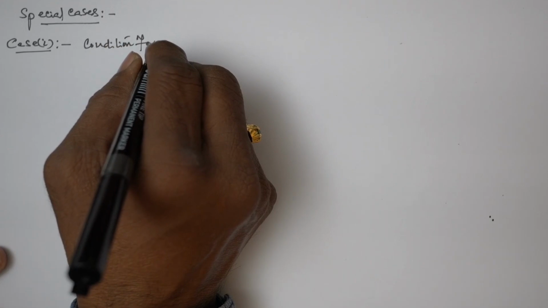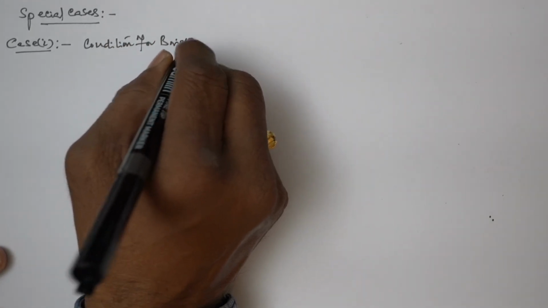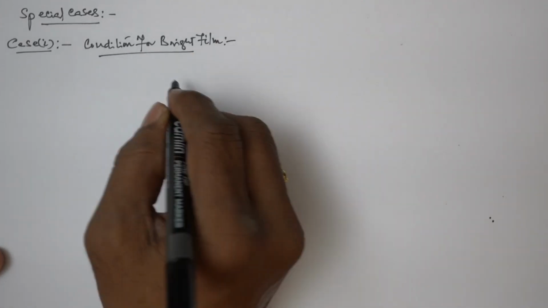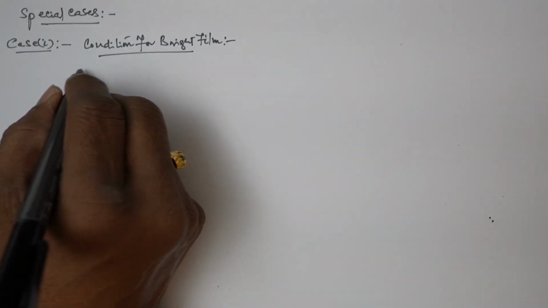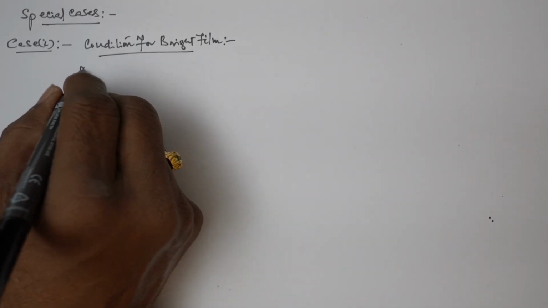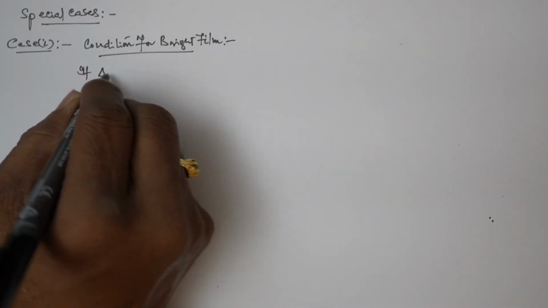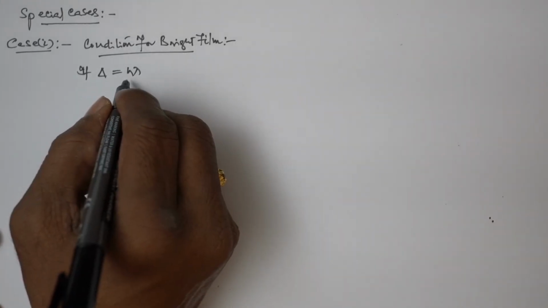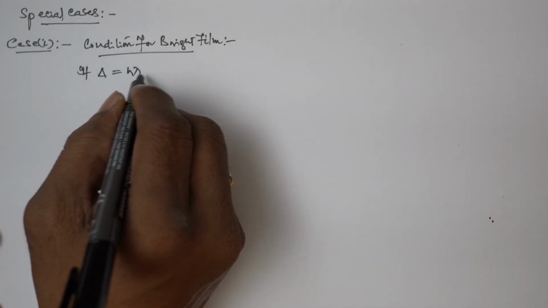When do we say that the film is appearing like a bright film? That's what I am saying now. Condition for bright film: if the optical path difference between the two reflected light rays, delta, is equal to n lambda, where n is an integral multiple of wavelength lambda.